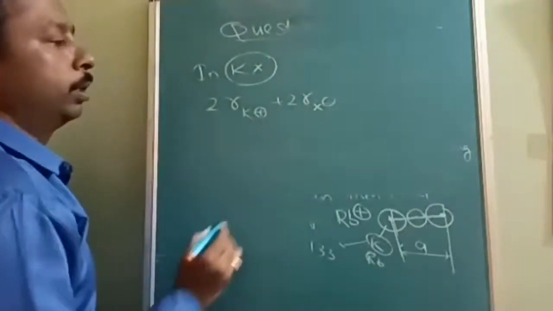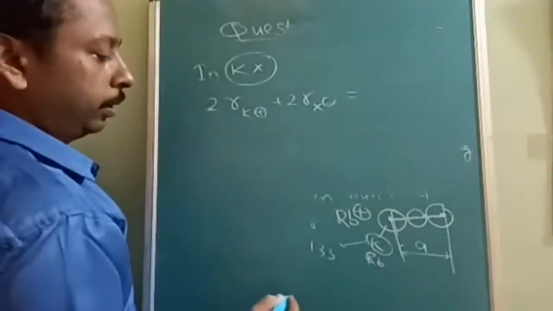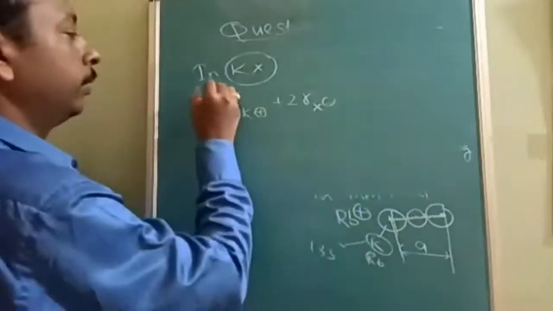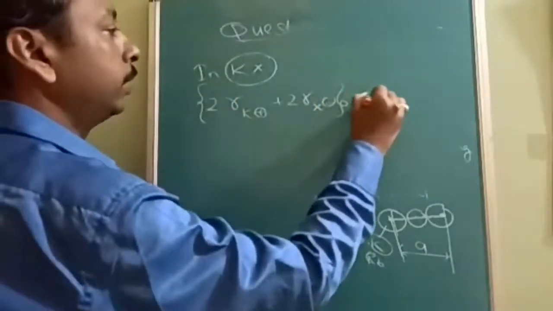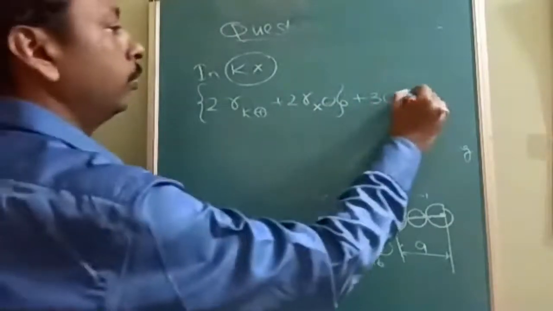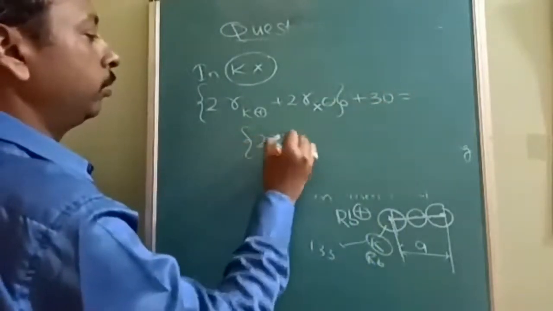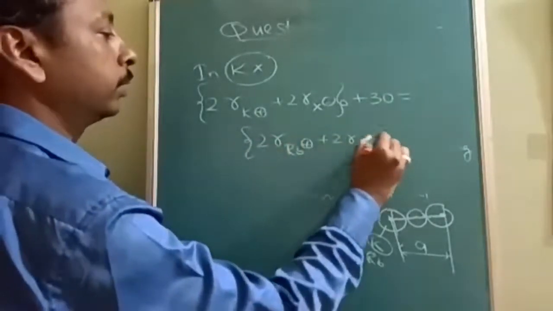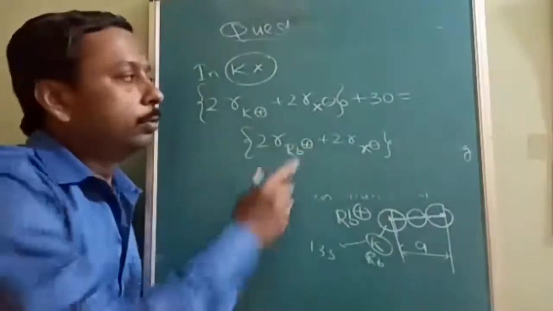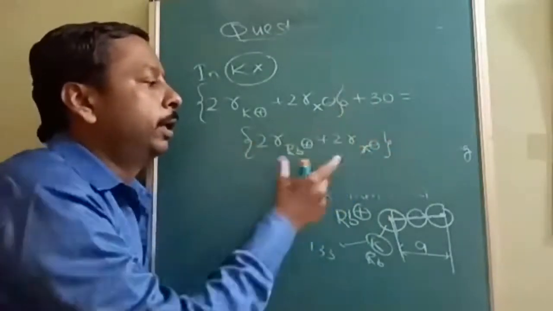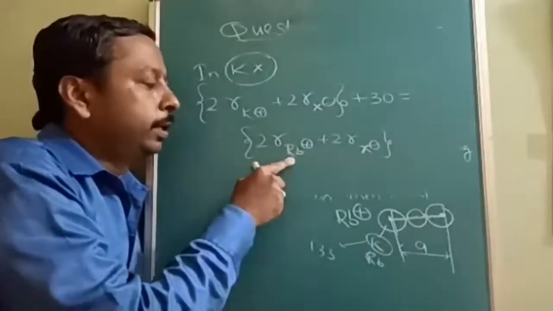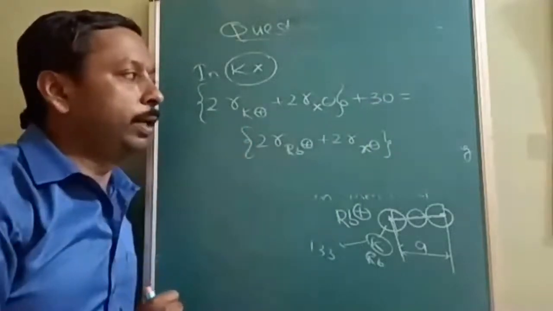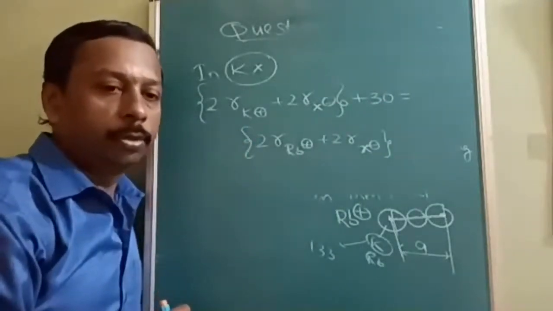Halogen is not known, but in both ways it is common. Suppose we take this one, and this plus 30 is equal to 2 into r Rb plus plus 2 into r X minus. Is it understood, students? So this edge length when rubidium is placed in the NaCl crystal is 30 more than the edge length when potassium is made as a crystal. Okay, is it understood how this equation is formed?